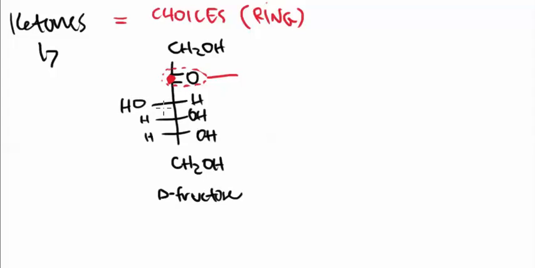Okay, we said that we've got some choices here. So when this molecule makes a ring, it's going to react with one of these OH groups. Typically it's the OH group that's further away from it, so it can make the bigger ring. And we still have this CH2OH group that is basically out there, so far that hasn't been touched. So this is one option for it. So we see a ring structure just like before, an oxygen bonded up to the carbon of the carbonyl. Alright, so this oxygen here is this one.